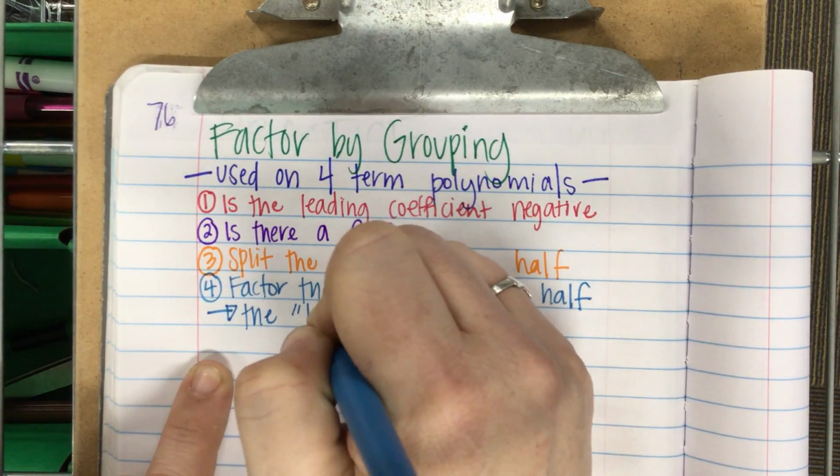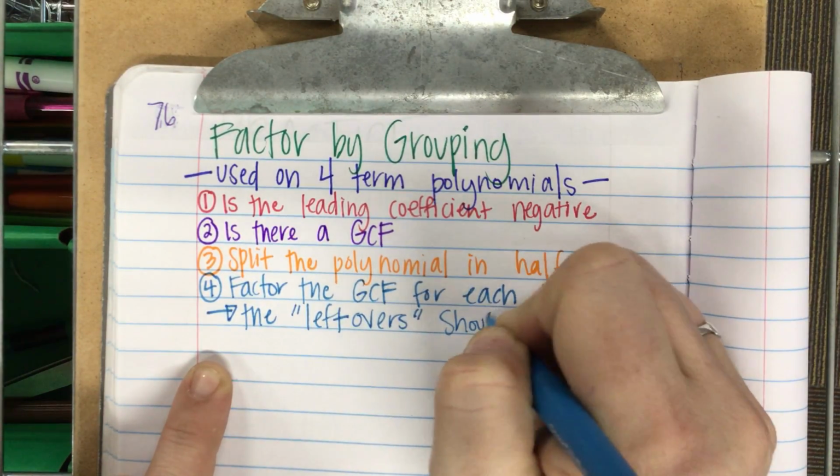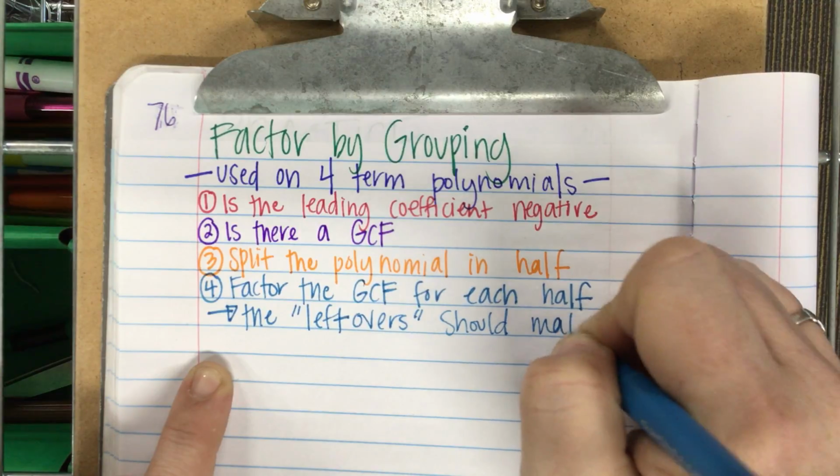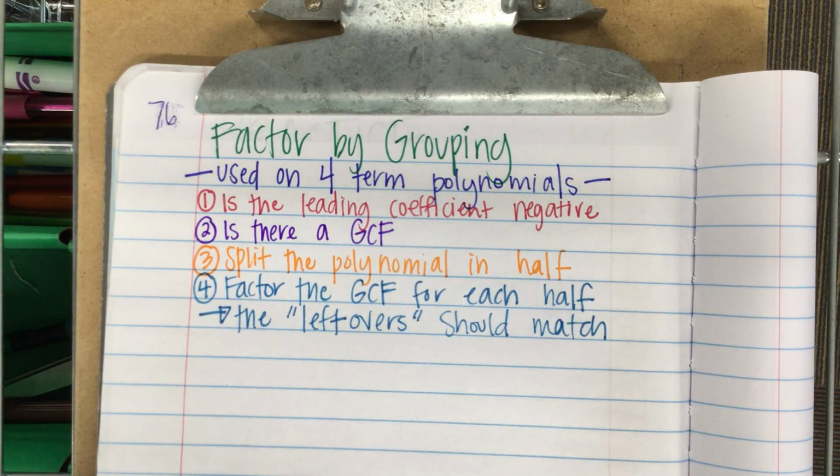The leftovers should match. When you take the GCF out of the first 2, what's left behind should match when you take the GCF out of the second 2.